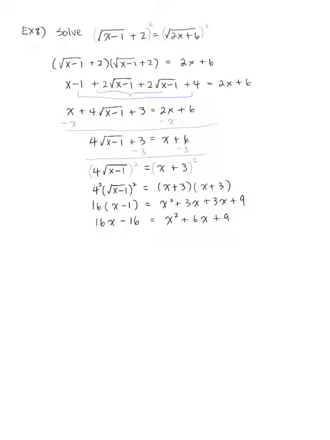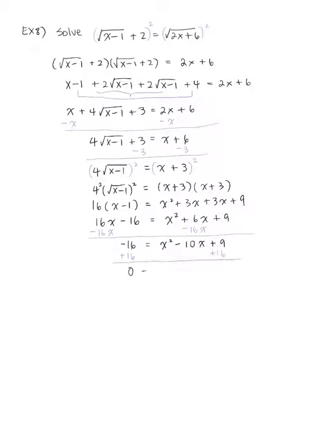Alright, so now what did you guys do? Did you bring everything to the right-hand side and make the other side equal to 0? I hope that's what you did. So I'm going to subtract 16x on both sides. Then here what we're going to get is negative 16 equals x squared minus 10x plus 9. Alright, almost there. Plus 16 on both sides.